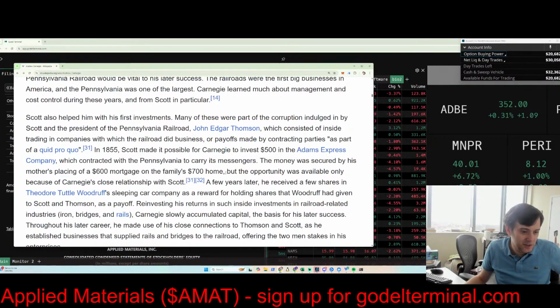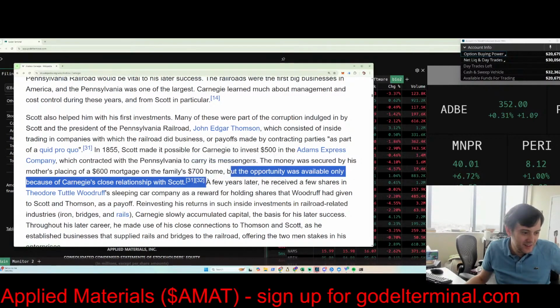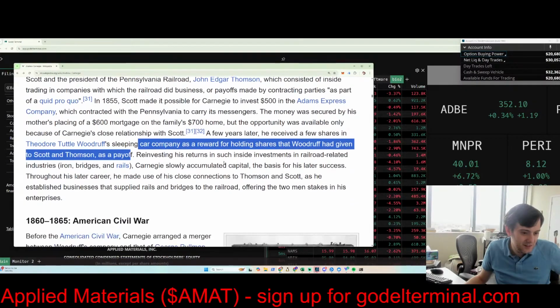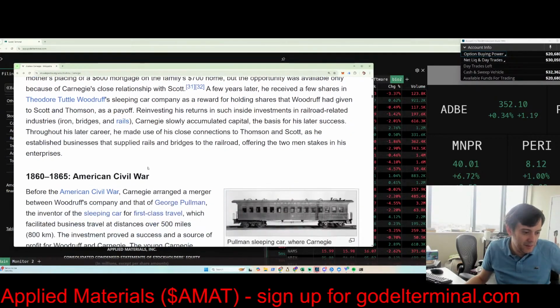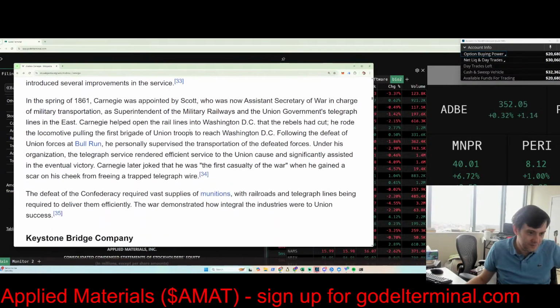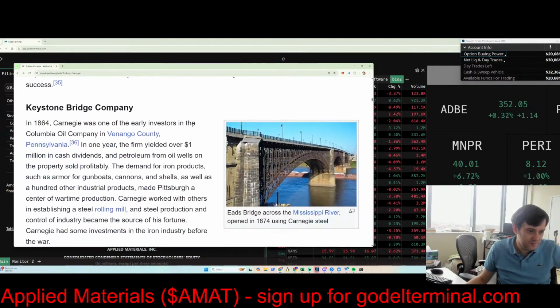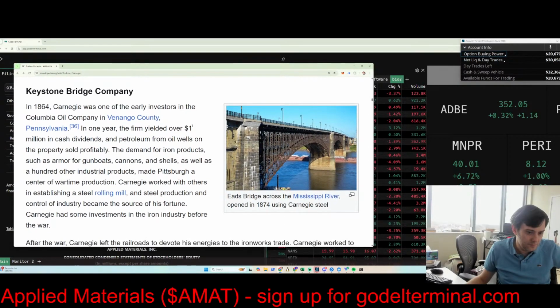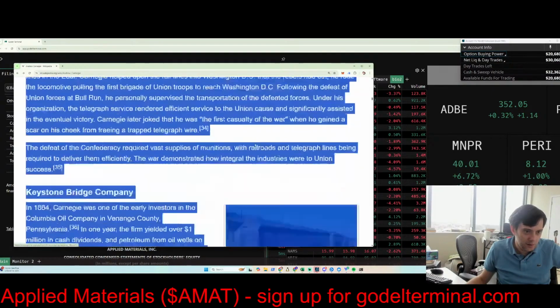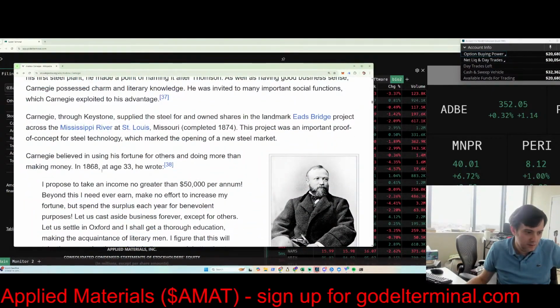They placed a mortgage on their house. He kept slowly accumulating capital. And this was the big deal when he did the deal with Pullman. But yeah, he quit railroads to do steel.